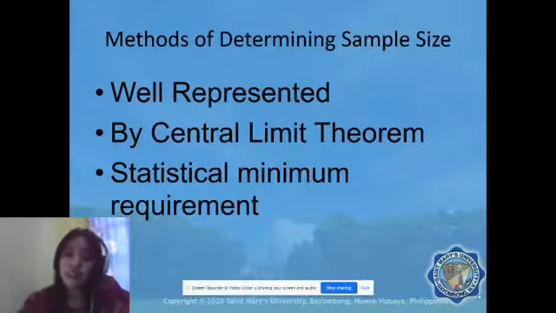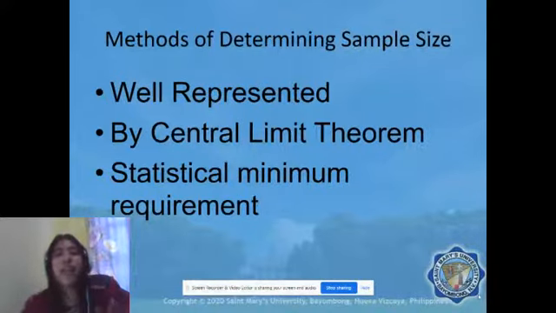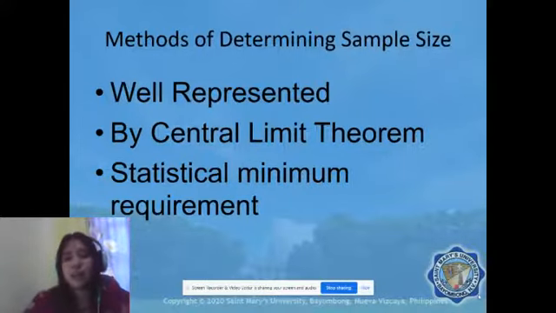You may use the central limit theorem by considering a sample size of 30, or if you consider grouping, it is approximately equivalent for each group.